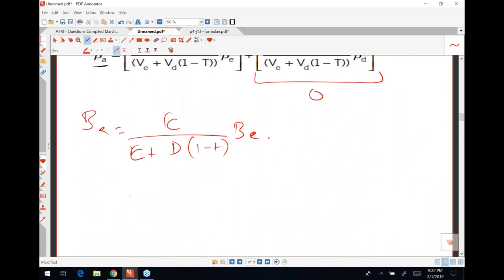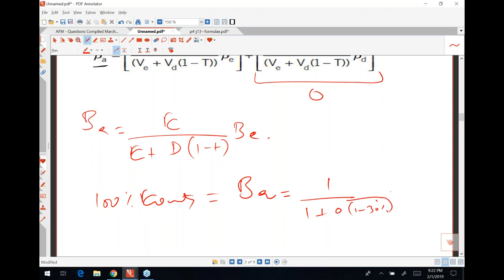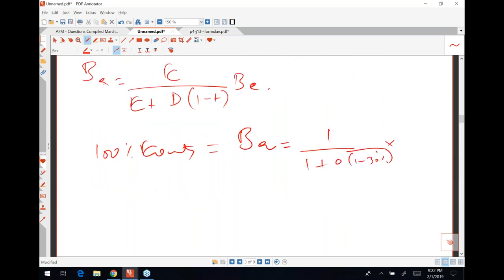Now, if the company is 100% equity funded, then the asset beta is going to be 1 divided by 1 plus 0 into 1 minus, let's say 30%, multiplied by the equity beta. Resultingly, the equity beta of this type of company would be equivalent to the asset beta.